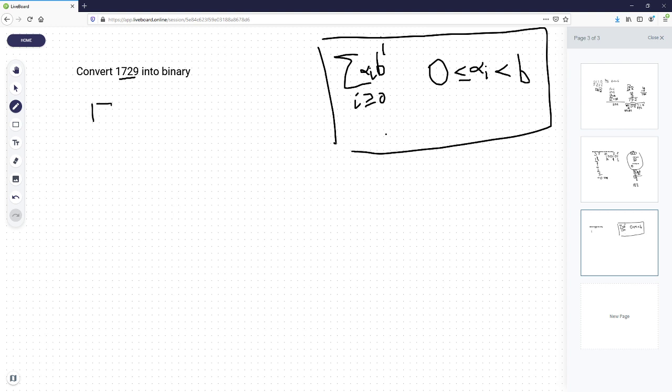The story is basically that he told people that 1729 is the smallest number which can be written as the sum of two distinct cubes. Or two distinct pairs of cubes, I should say.